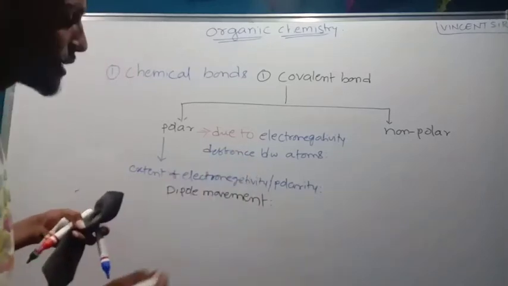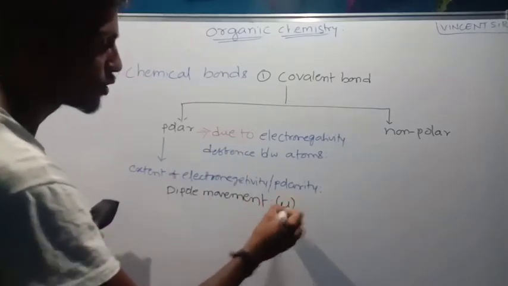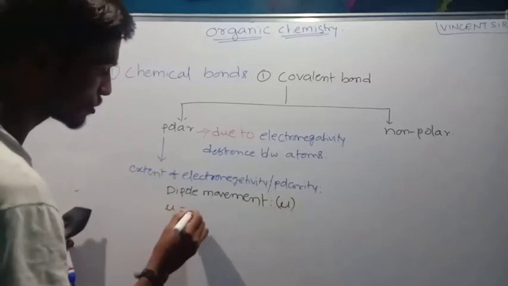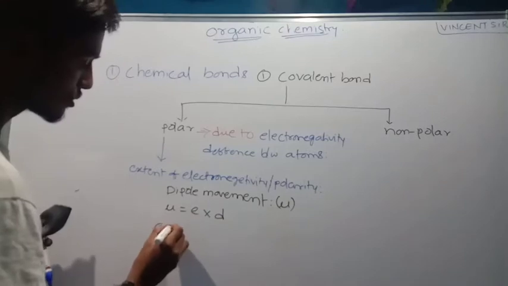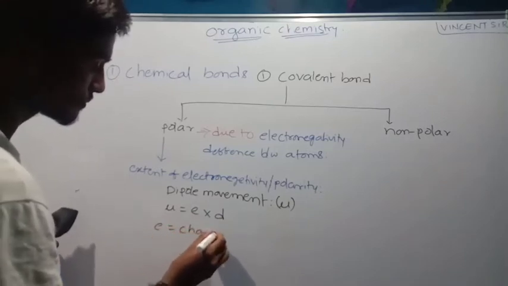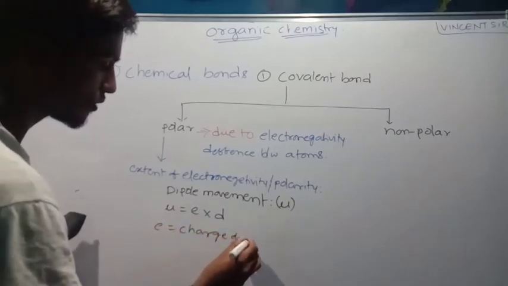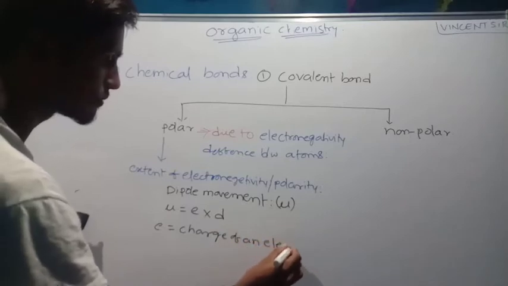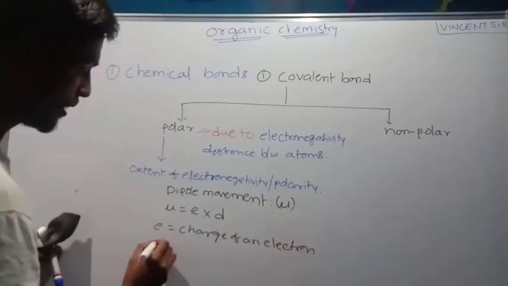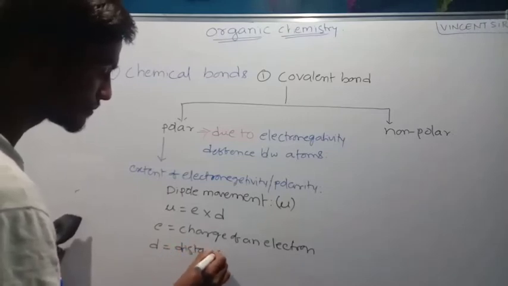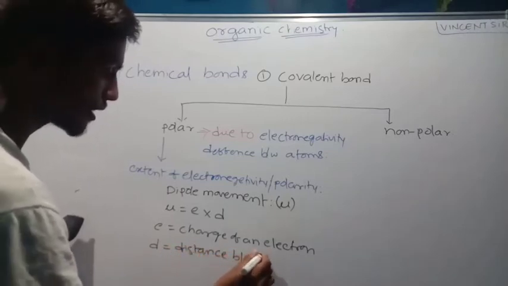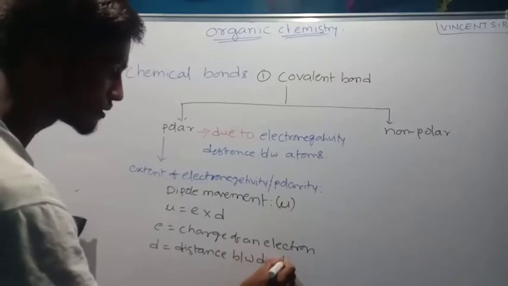The dipole moment is represented as mu equals charge into distance, where e is the charge of an electron and d is the distance between the dipoles.